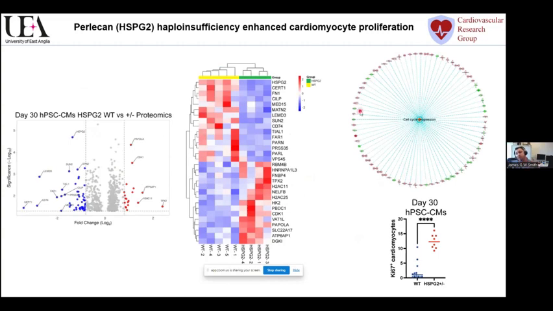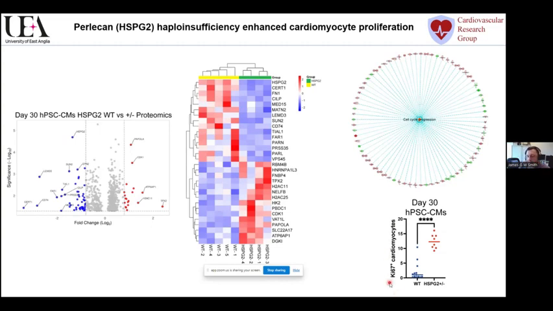And one of the ones which really stood out to us was cell cycle progression. So as I've mentioned, there's this proliferative switch which occurs during maturation, and the proteomics data was pointing towards a change in the cell cycle progression caused by the Perlecan knockdown at this later time point.